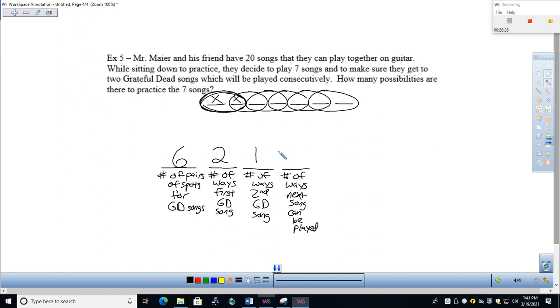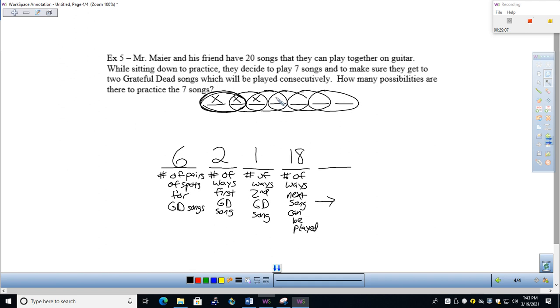Obviously, the 2 Grateful Dead songs are out of circulation at this point. So what that means is we've got 18 left from the 20. Perfect. Now I've got 3 songs accounted for, so I can almost just X out another one of those slots for the songs. And then I think about the number of ways I can do the next song.